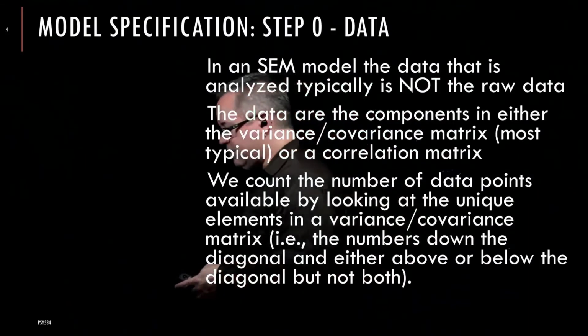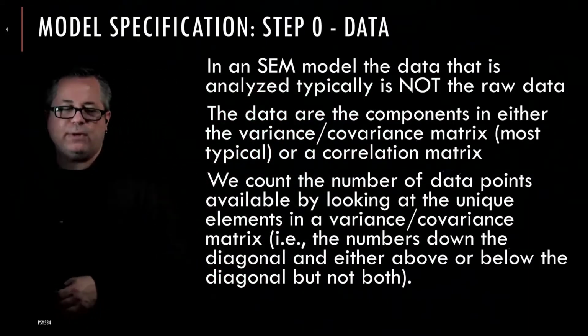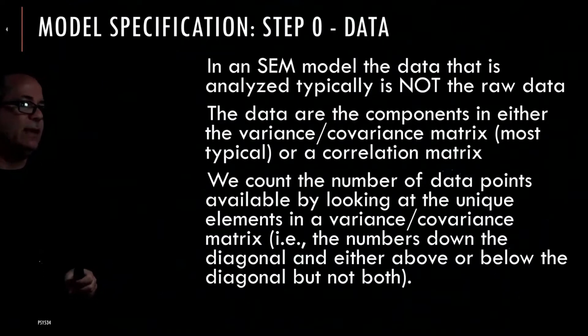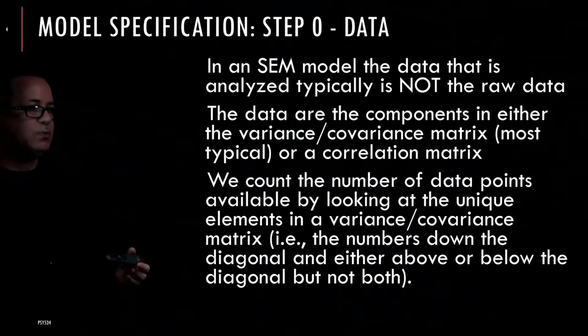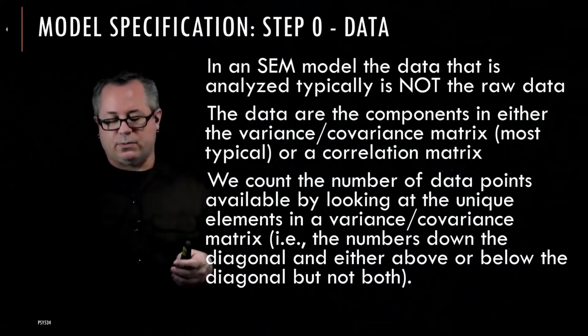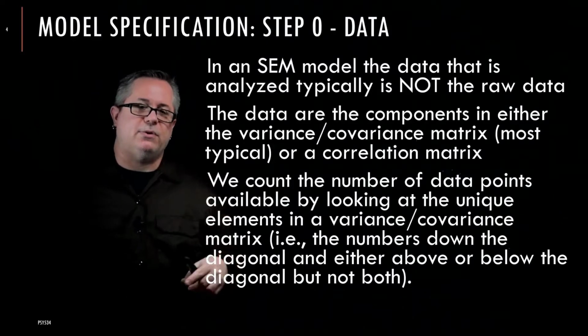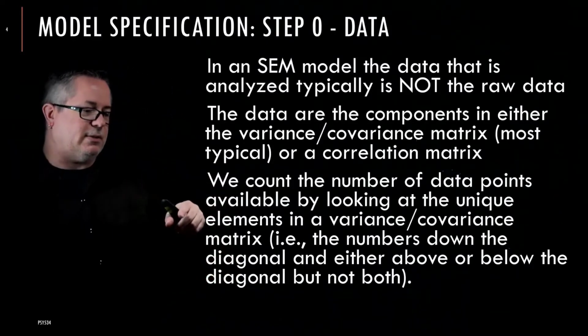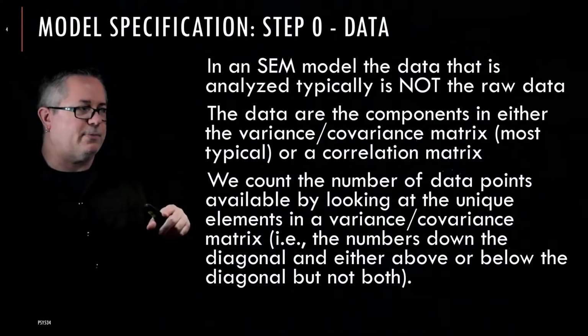So step 0. This is really like a pre-step to model identification. You have to remember that we're not analyzing the raw data. The data gets converted to a variance-covariance matrix, and that's what we actually analyze.